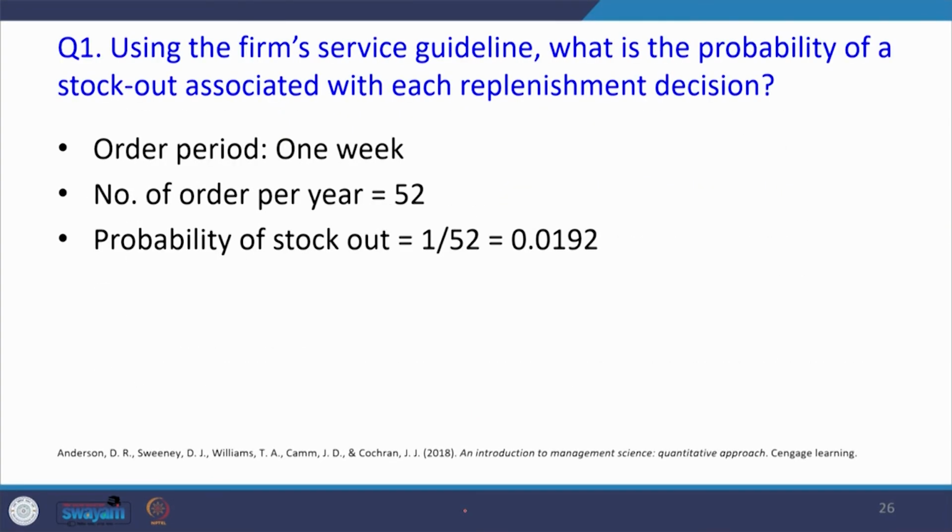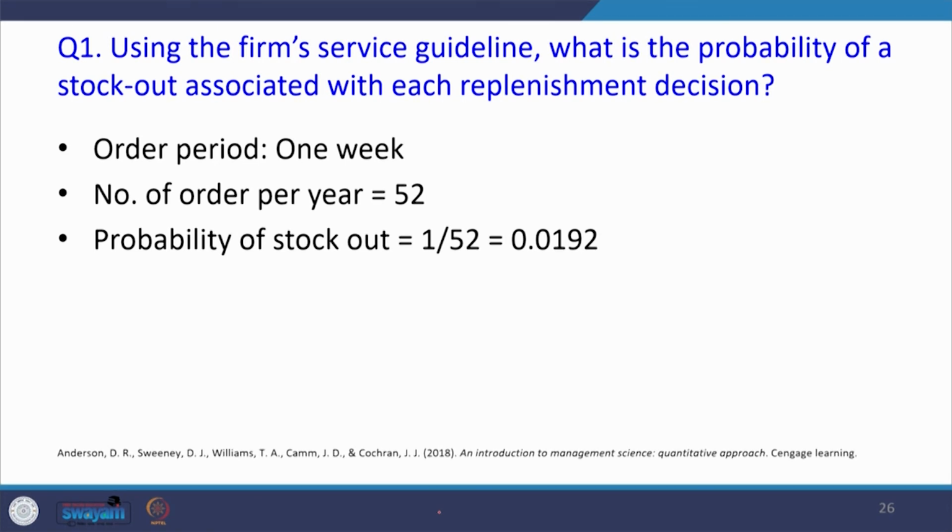So, the first question is, what is the probability of stock out associated with each replenishment level? We have seen in the previous lecture also, the probability of stock out, we should know what is the total number of orders. In that we have to see how many orders we can go for stock out.